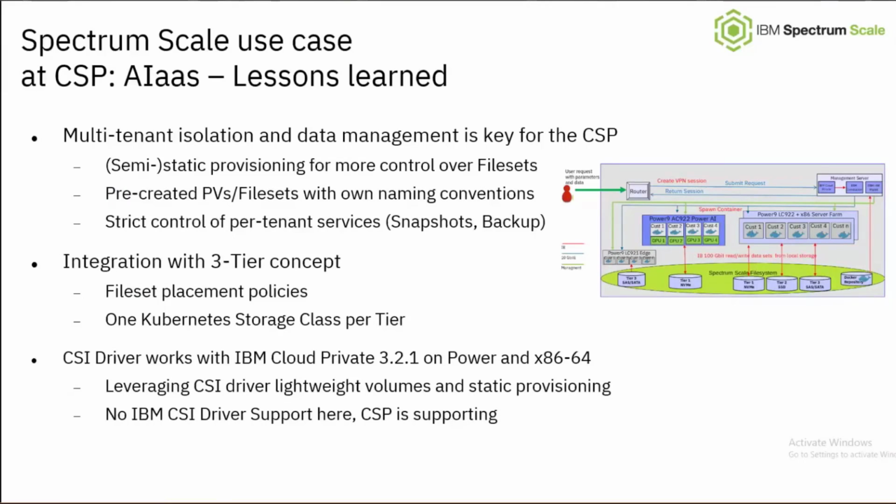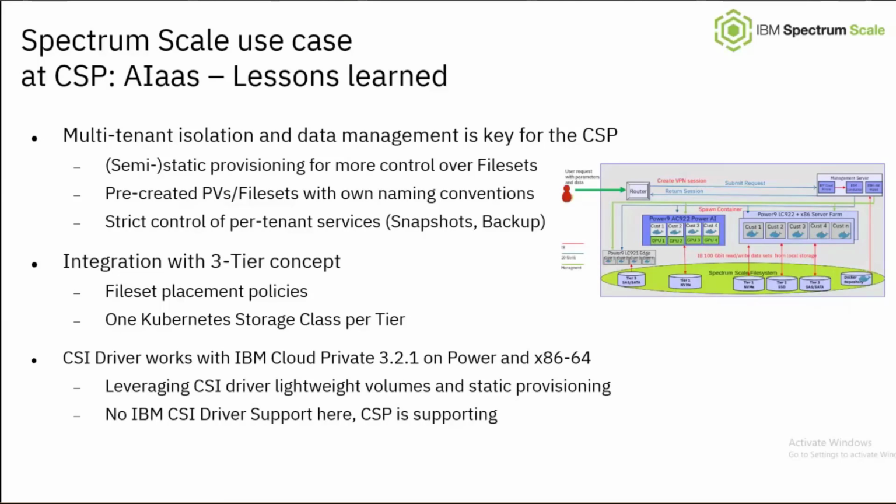And this allowed the cloud service provider to have very strict control over the provisioned filesets for the clients. So they could, for example, have their very own naming schemes rather than automatically generated names, and integrate this with service levels they gave to the client, like backup capabilities and doing snapshots on a regular basis, which they did on the Spectrum Scale layer underneath, transparent to the client.